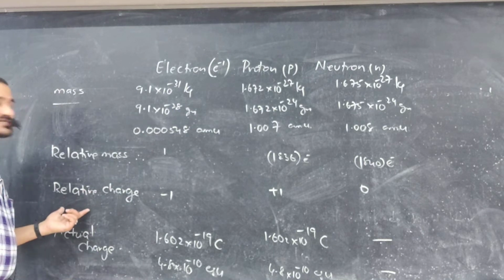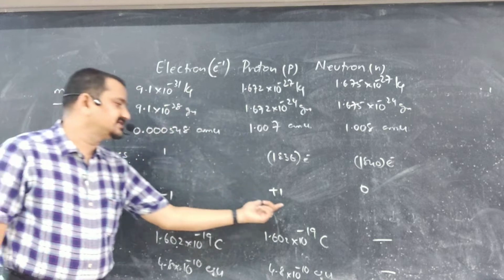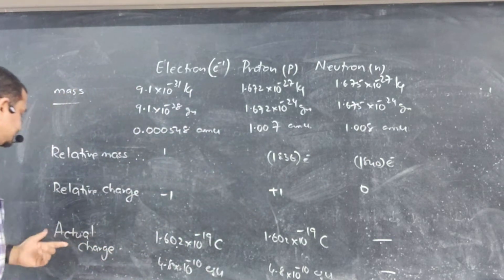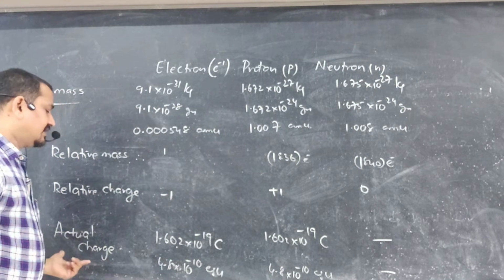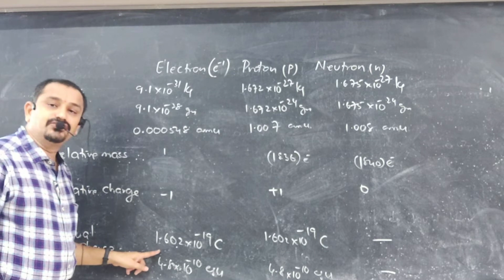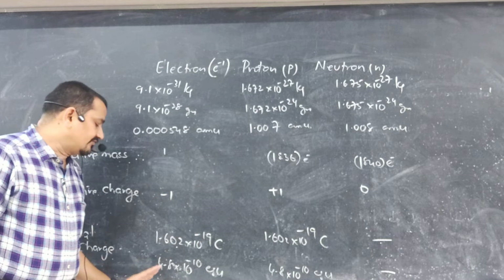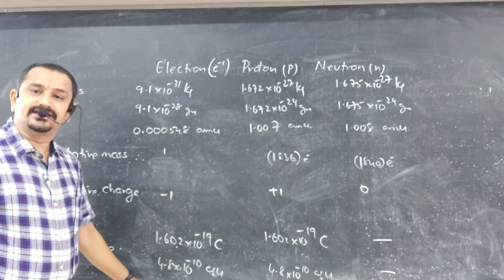And relative charge, comparative charge, is -1 for electron, +1 for proton, and neutron has no charge. Next, actual charge of each electron. For a single electron, actual charge is 1.602 into 10 power minus 19 coulombs or 4.8 into 10 power minus 10 electrostatic units.